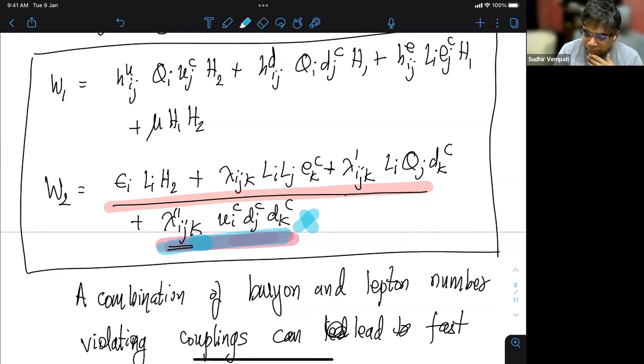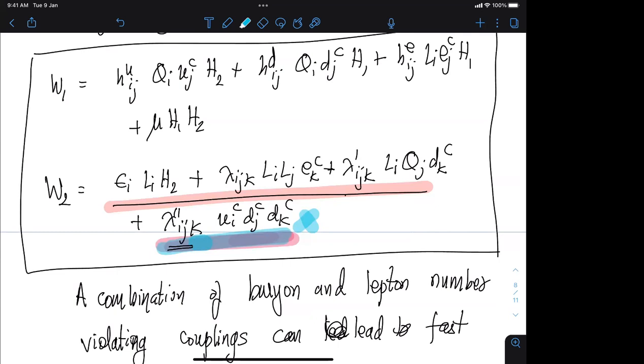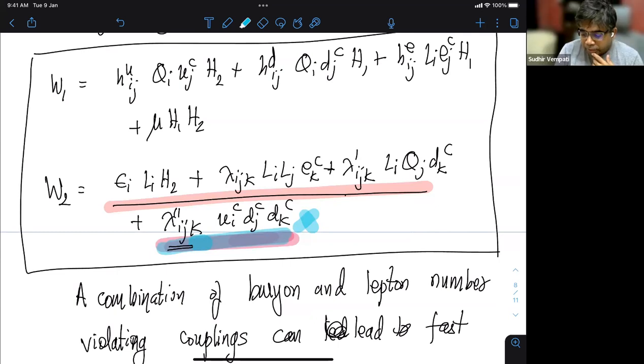They have been very popular. This gives you neutrino masses, and they can escape limits from colliders, meaning compressed spectra, and so on. And the proton is safe.